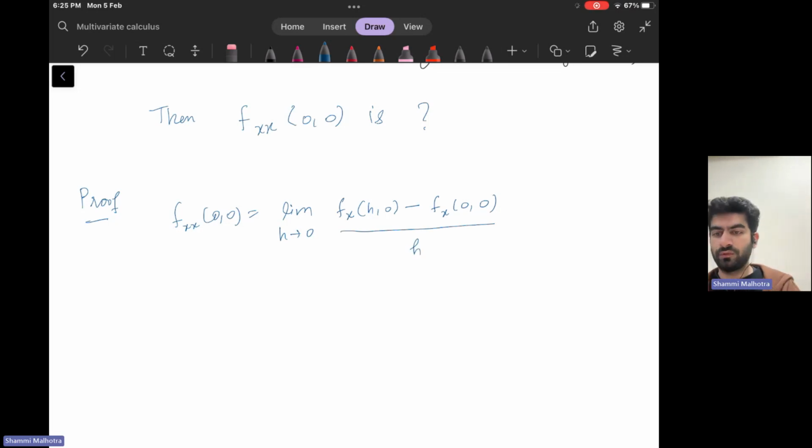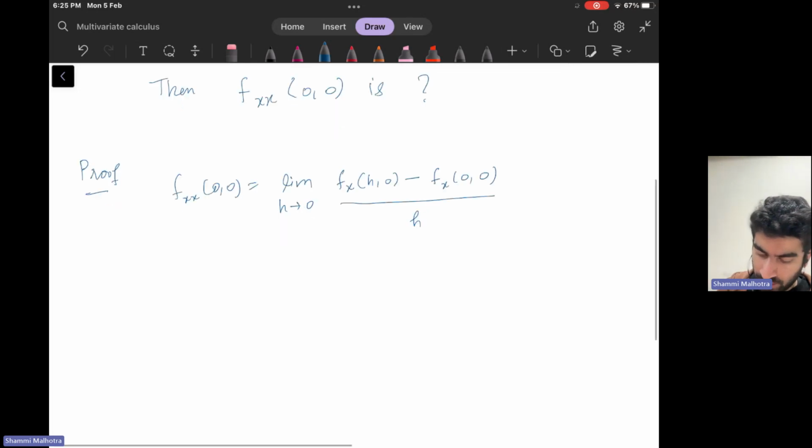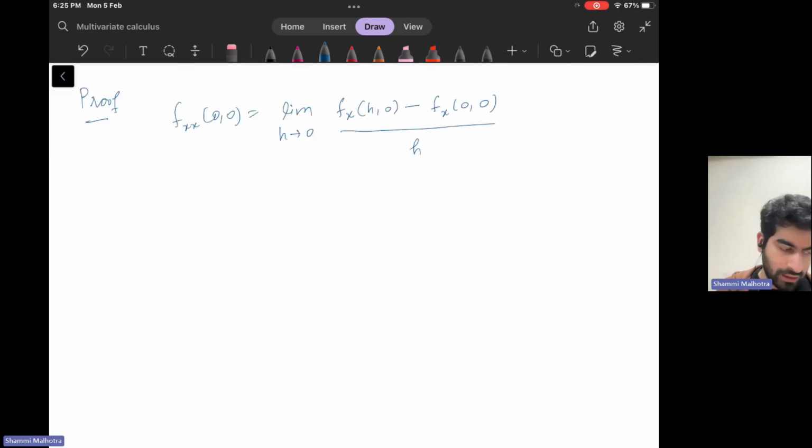This is the definition of the second partial derivative with respect to x. So to calculate this, we have to calculate the values fx at (h, 0) and fx at (0, 0), these partial derivatives with respect to x. We just plug in these values and try to find the limit. So let us try to find these first order partial derivatives.